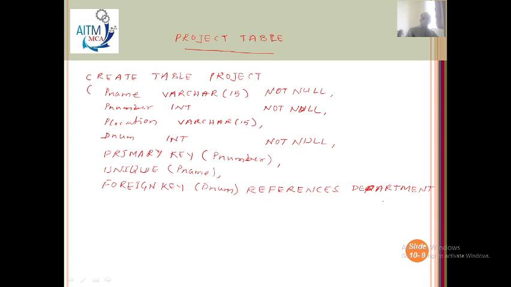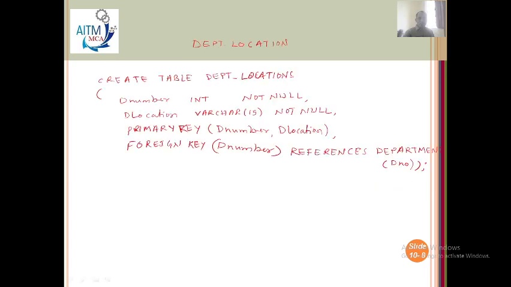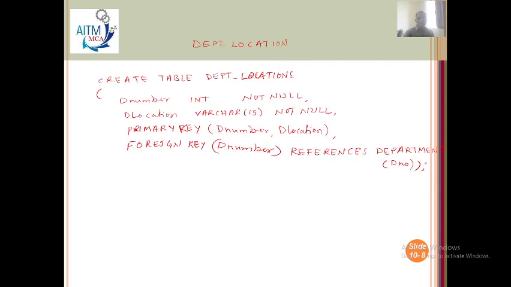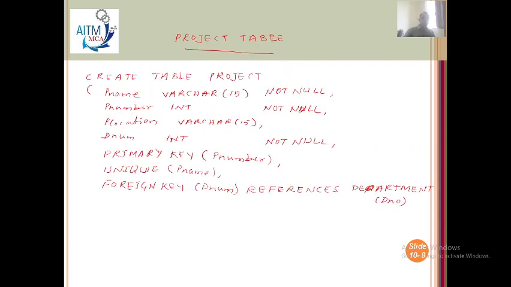In the department table, it references the department number attribute. What is there in the department, D number?